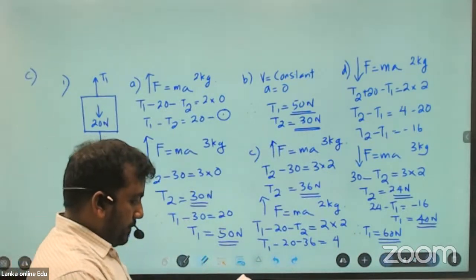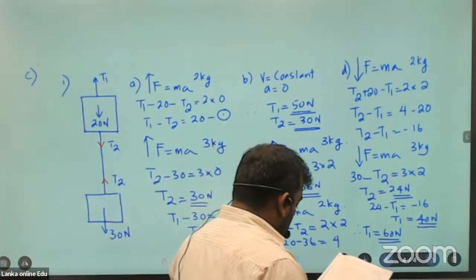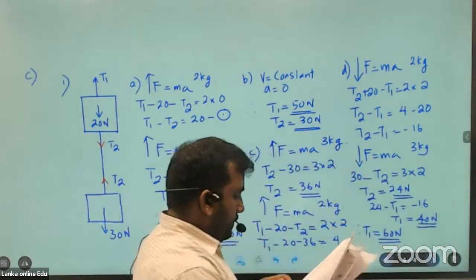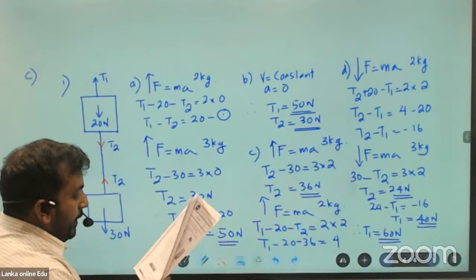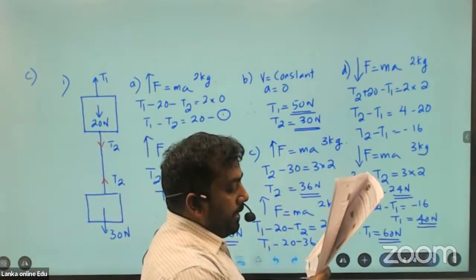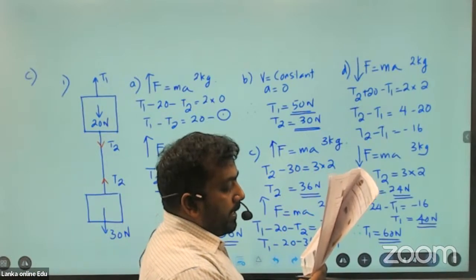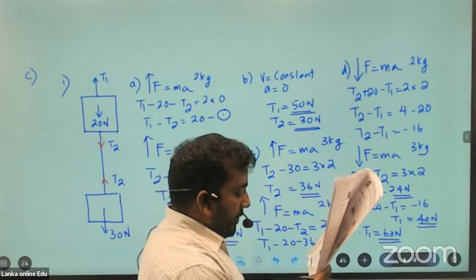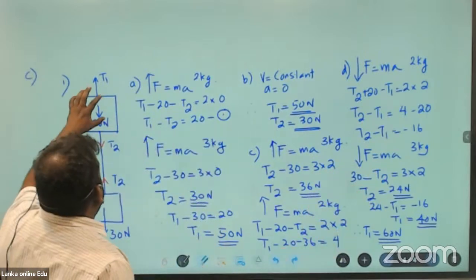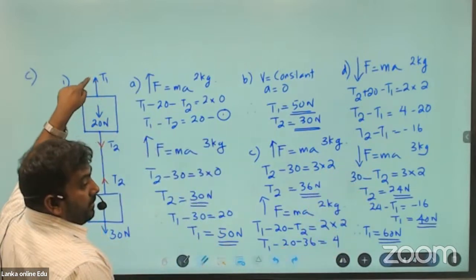Okay, then Roman 2. If the maximum tension that the string can withstand is 100 Newton, find the maximum upward acceleration that the mass can have and the tension in each of the strings. Remember, the greatest force is acting on this rope.